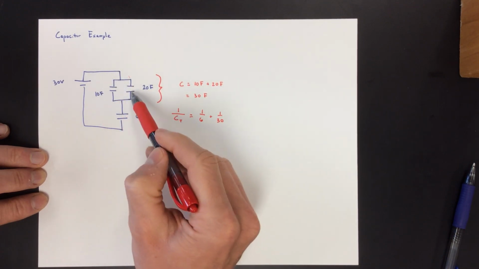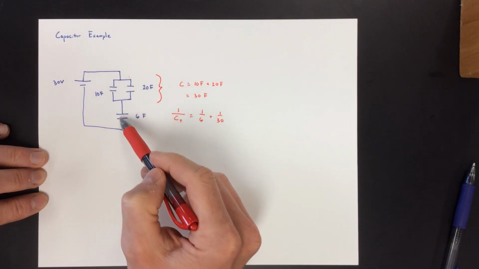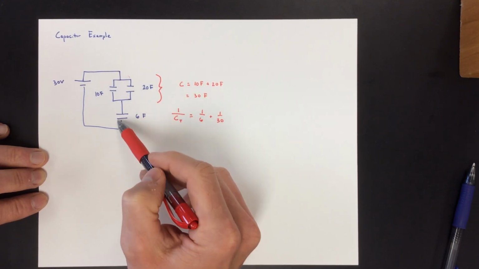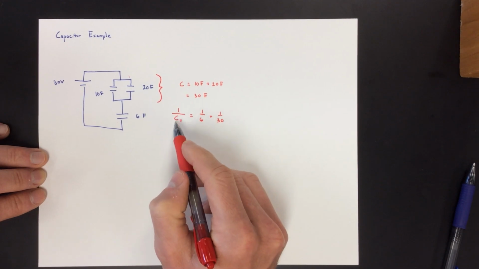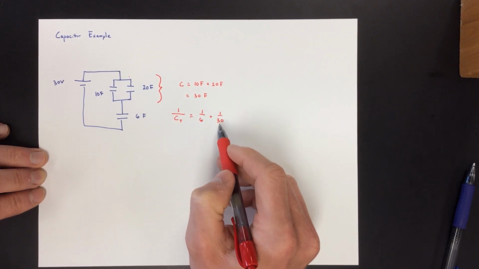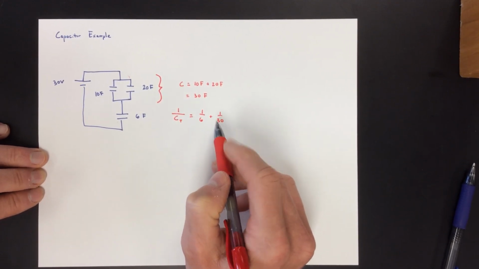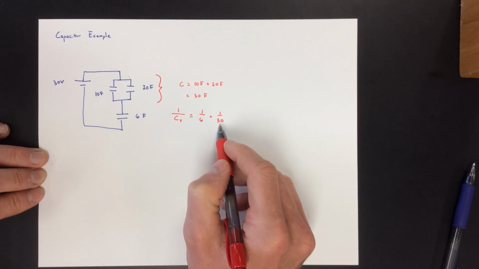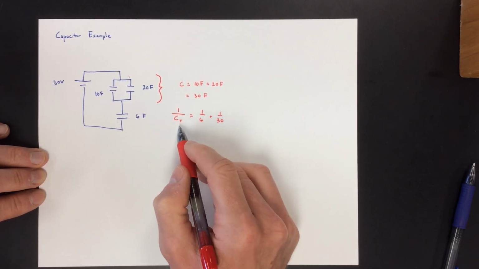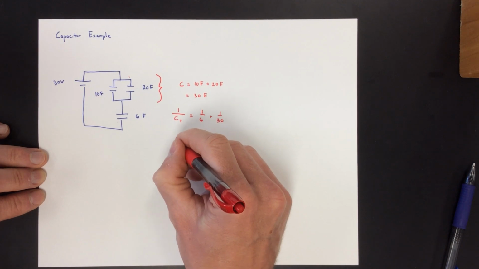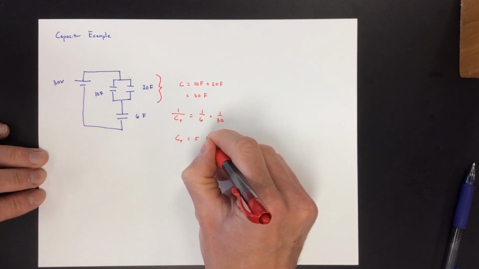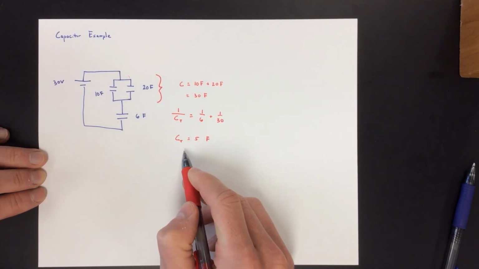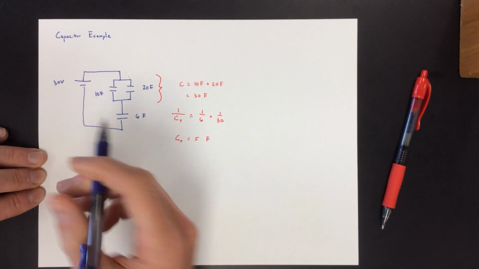But then this 30 and this 6 are in series, so their effective capacitance, which is the capacitance of that whole circuit: 1 over C equals 1 over 30 plus 1 over 6. 1/6 plus 1/30 is 1/5. 1 over C equals 1 over 5. So the total capacitance is 5 farads. Okay, so now we know the total capacitance of the system.